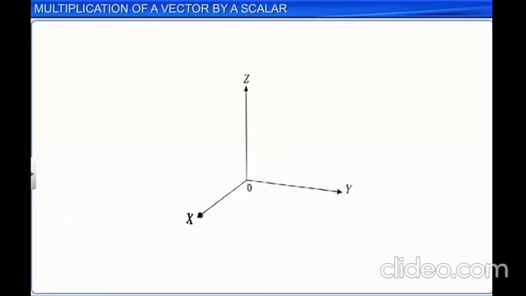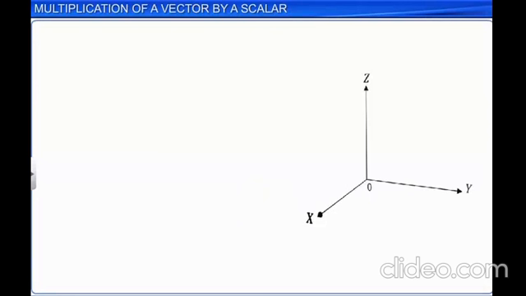Consider a three-dimensional coordinate system. Let P be a point in space with coordinates x, y, z. Let us draw a perpendicular PA from point P onto the XOY plane. Let Q and S be the feet of the perpendiculars drawn from point A to the x and y axis respectively.